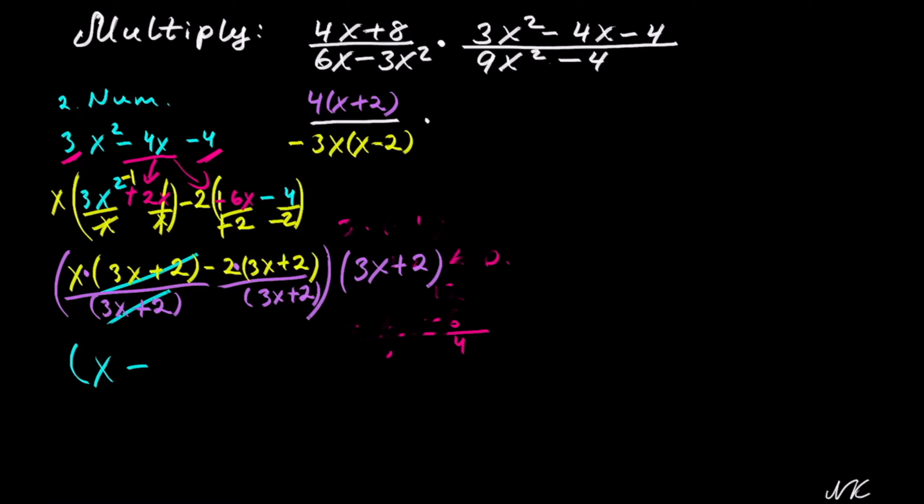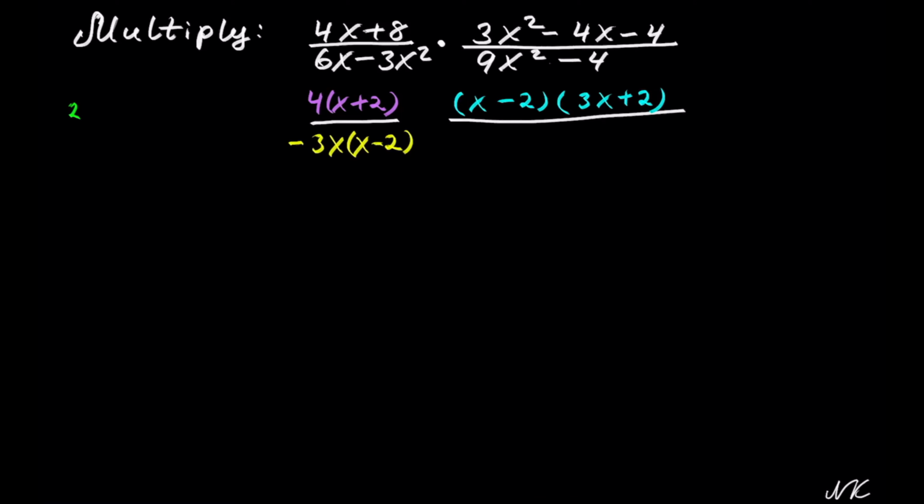Minus 2 times 3x plus 2 out of 3x plus 2. 3x plus 2 and 3x plus 2 will cancel. So we have x minus 2 in the first parentheses times 3x plus 2 that was factored out. So the second numerator factors into x minus 2 times 3x plus 2.